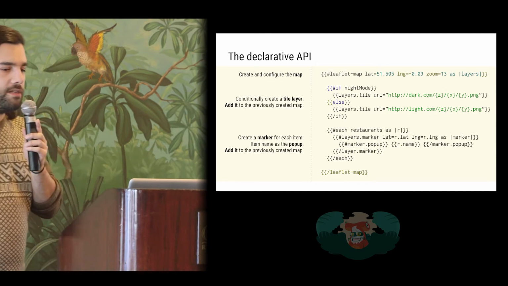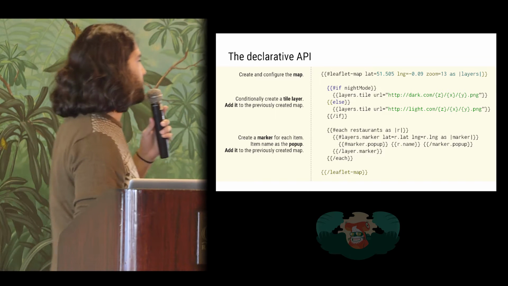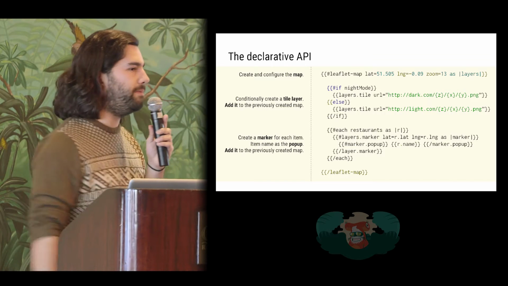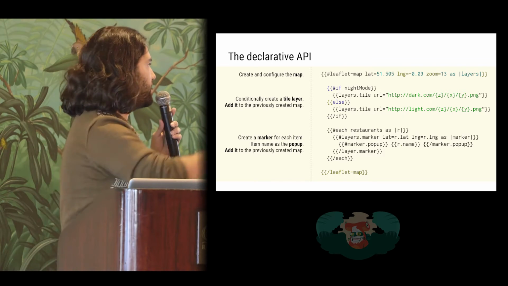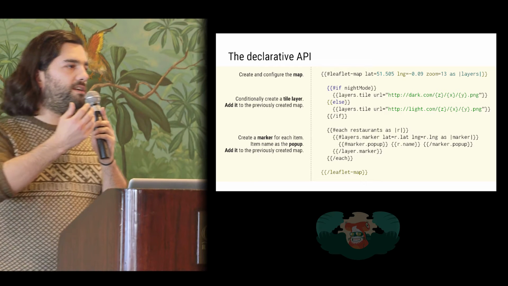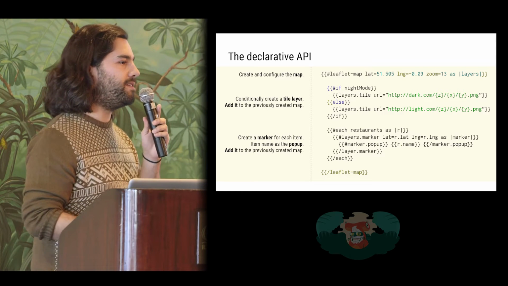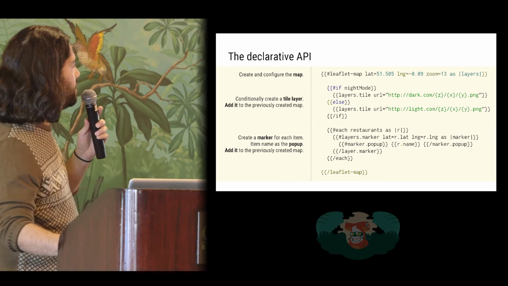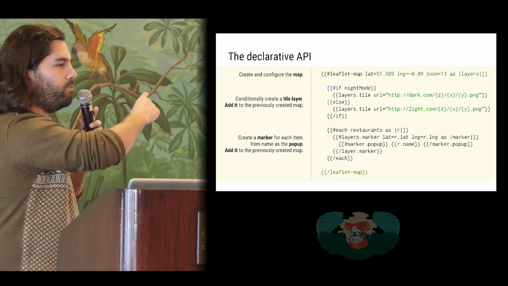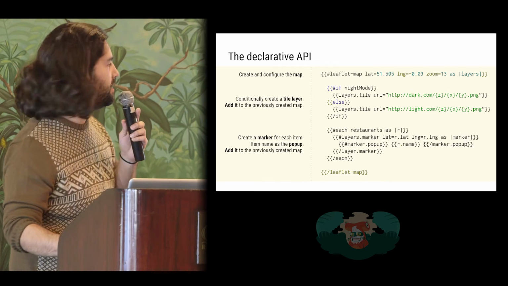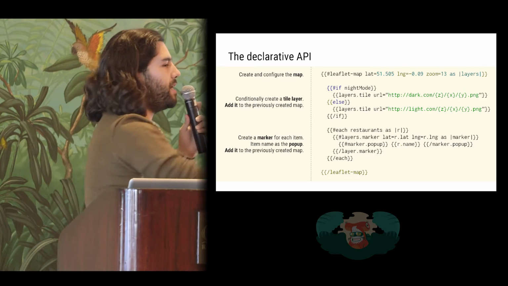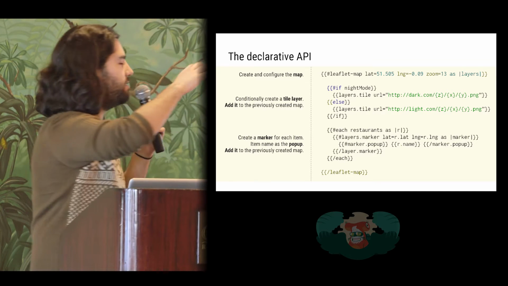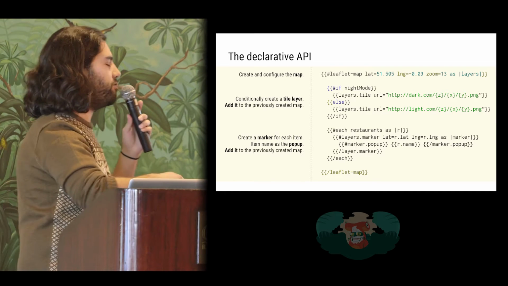Then I started wondering, as a thought experiment, what if I could make this a little more interesting, and turn this imperative API into a declarative one, like we're used to in Handlebars. This maps one-to-one to the previous slide. We create and configure the map. We have a parent component that would be responsible for rendering the map.